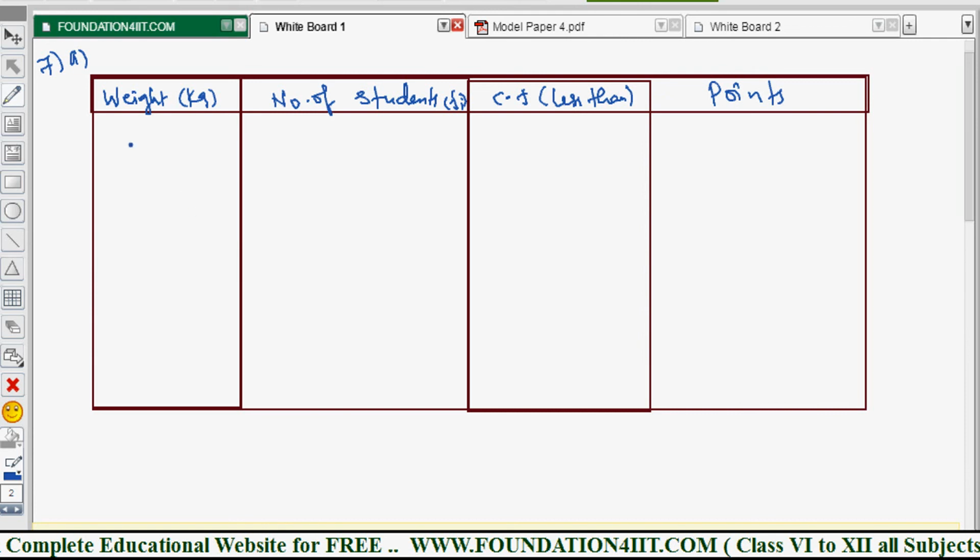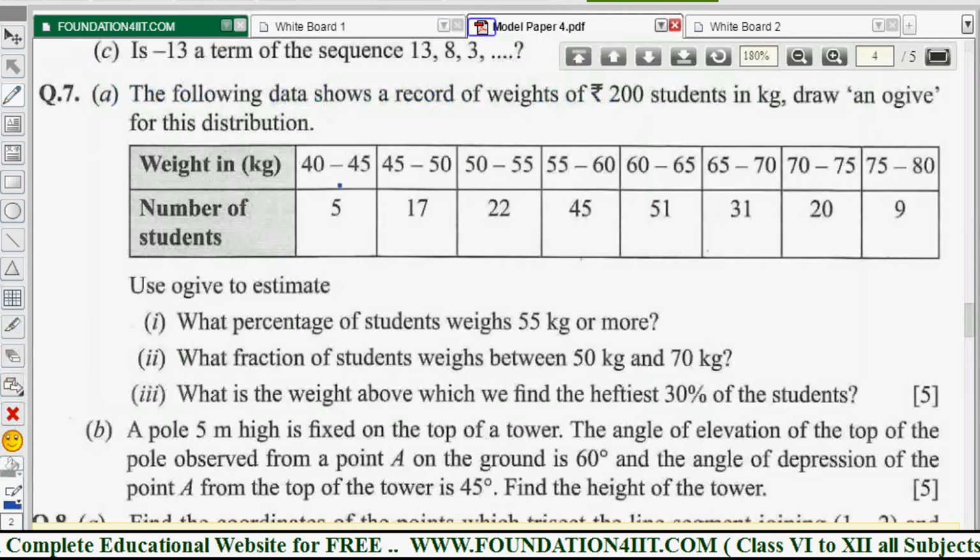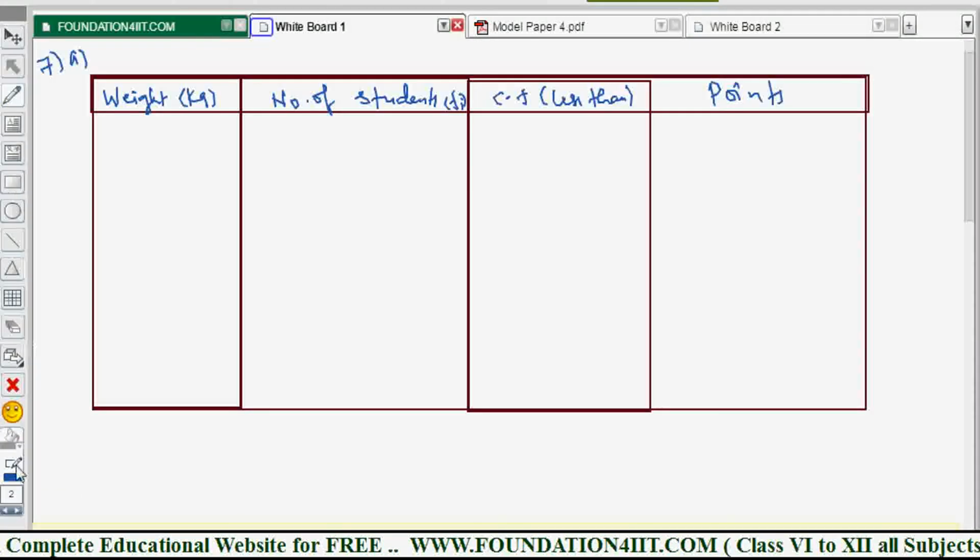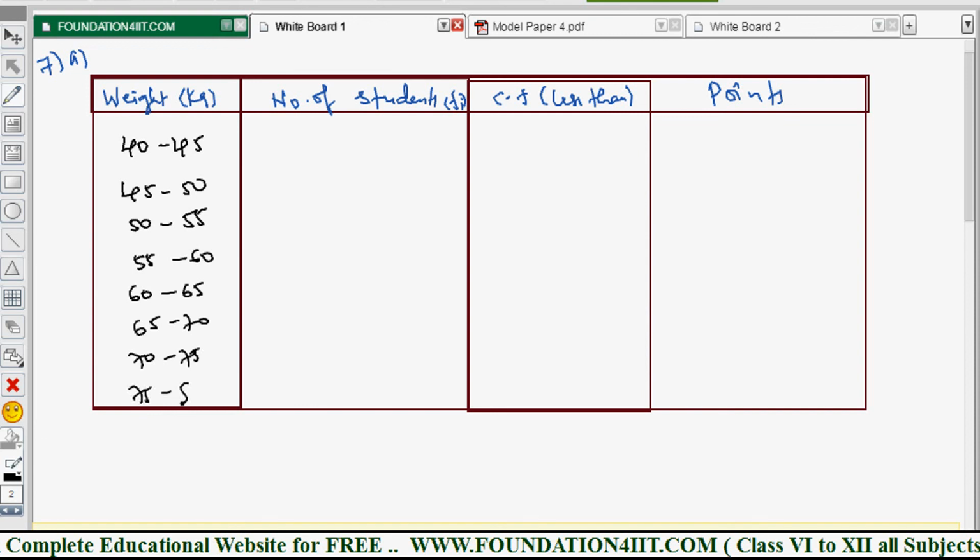The first class is 40 to 45. From this table we prepare the classes 40 to 45 till 75 to 80: 45 to 50, 50 to 55, 55 to 60, 60 to 65, 65 to 70, 70 to 75, 75 to 80.